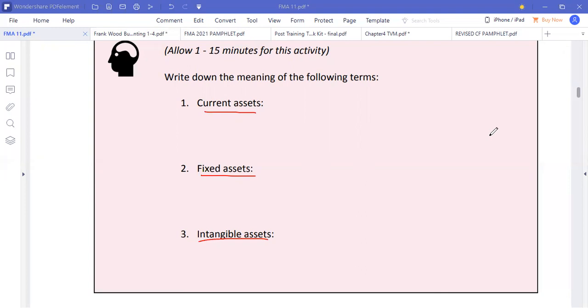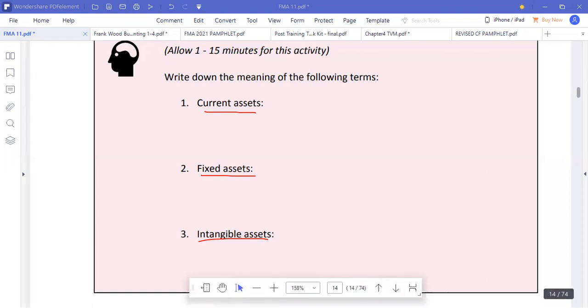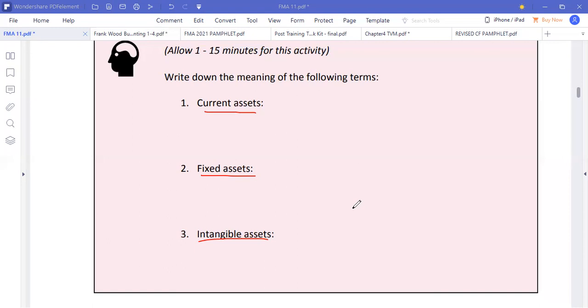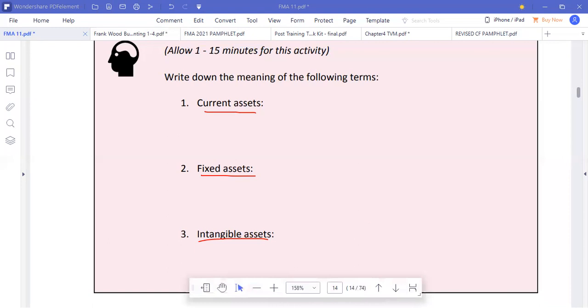Okay. Then what are fixed assets? These are assets that we use for the day-to-day management of a company, examples are buildings. Exactly. Then what are intangible assets? These are more like patents, like goodwill, investments, or a trademark, something like that.